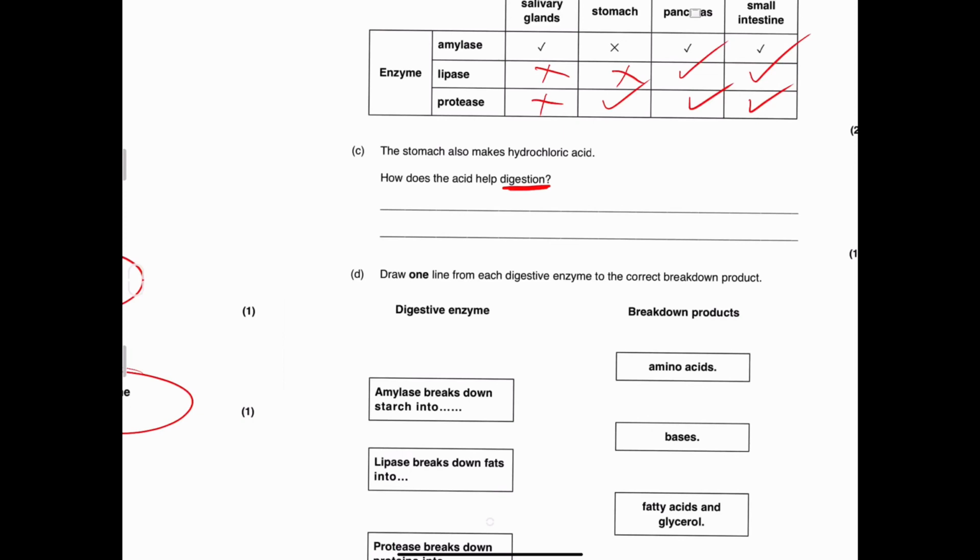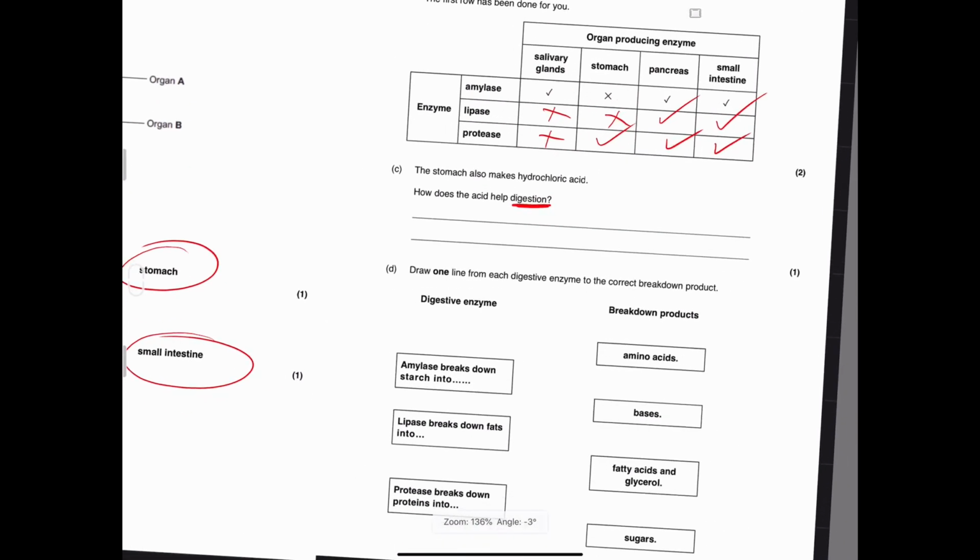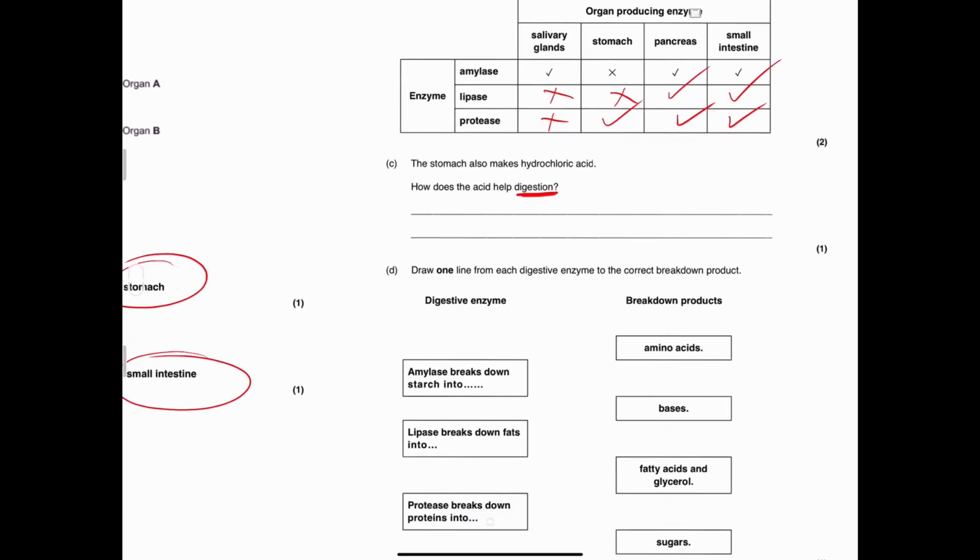We're going to come on to enzyme activity later on, enzyme lock and key theory and optimal conditions. So if you had put down that the hydrochloric acid is important for killing bacteria or harmful bacteria, you would not get the mark here. So this is a harder question, which we haven't covered fully the theory in terms of optimal enzyme conditions.